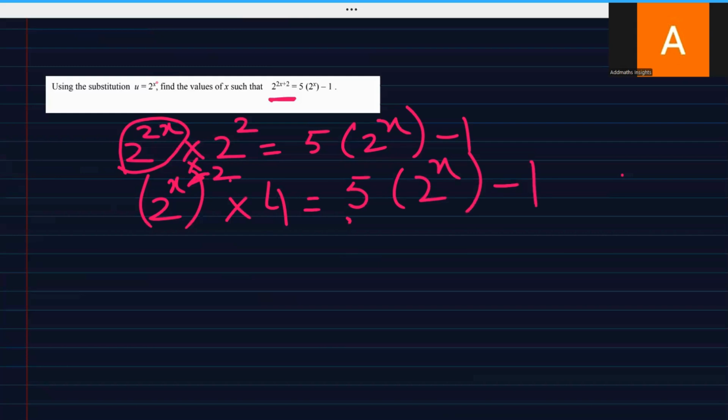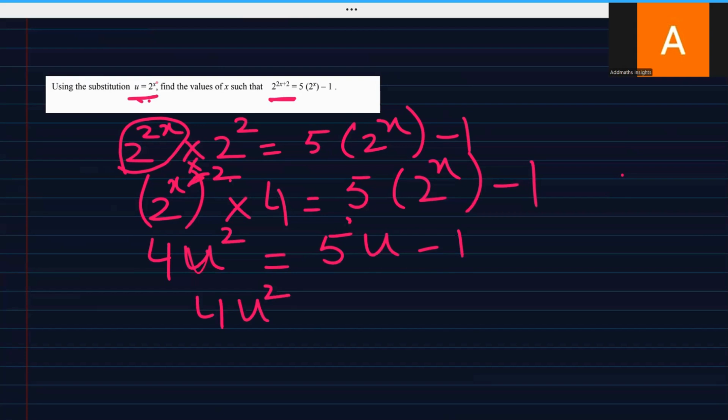Now you have to substitute the value, given that u equals 2 raised to the power x. So you replace it. You write here 4u squared equals 5u minus 1, and then you can write 4u squared minus 5u plus 1 is 0.